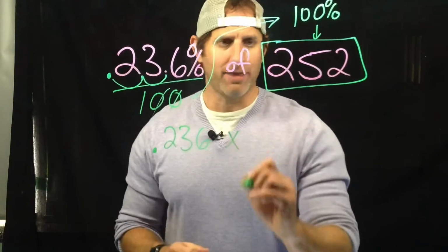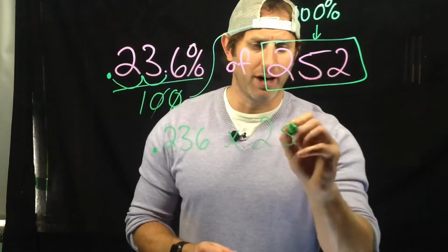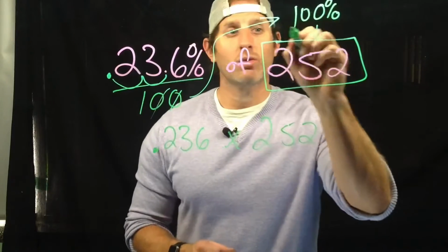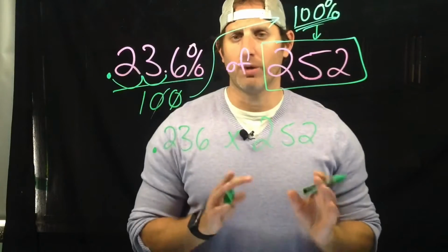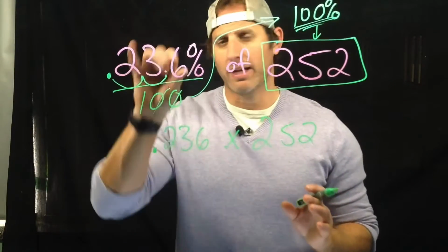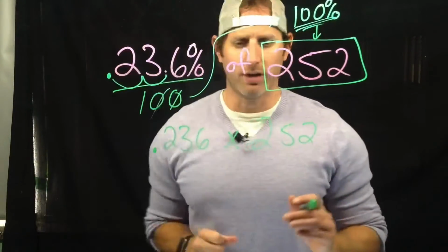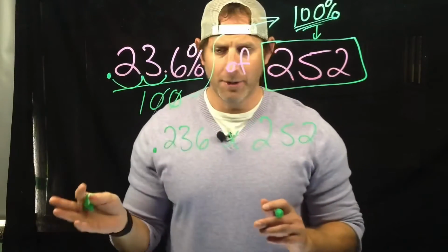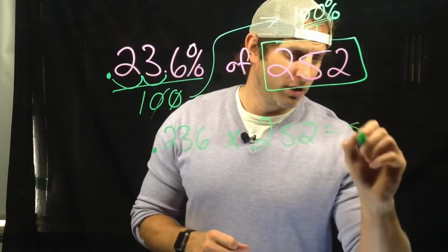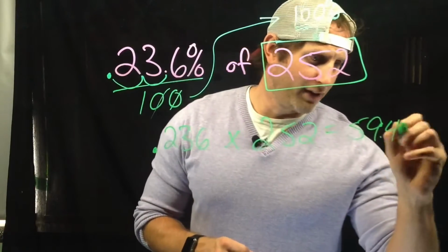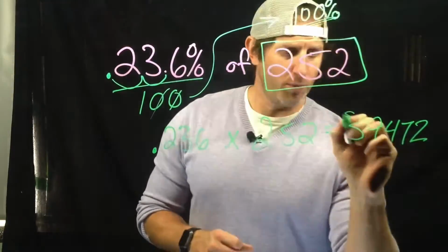Well, so we're going to take that and multiply it by 252, which is 100% of our total. So we knew that $252 was being put into the bank, 100% of that. Let's take a chunk of it. Let's take a chunk of that total and put it into the bank, or put it aside. And when we do that, we find that we get a chunk of $59.472. So we're putting that much aside.